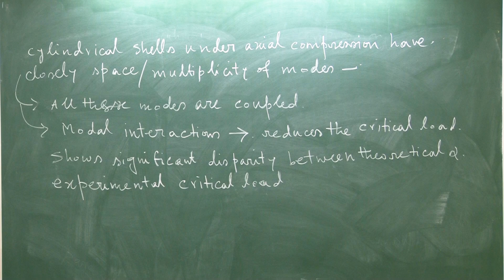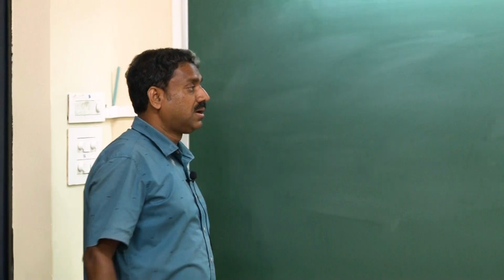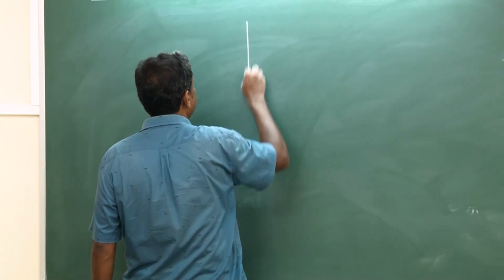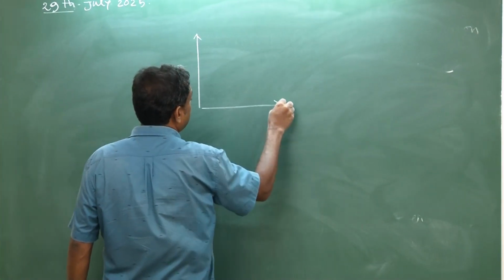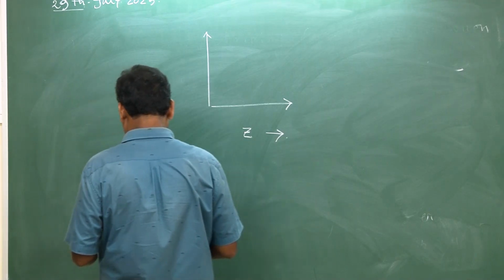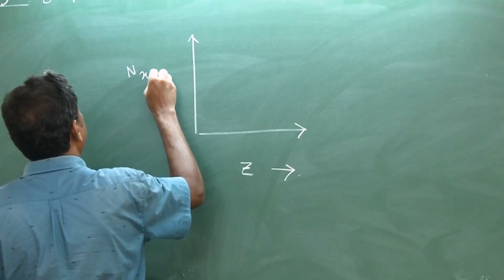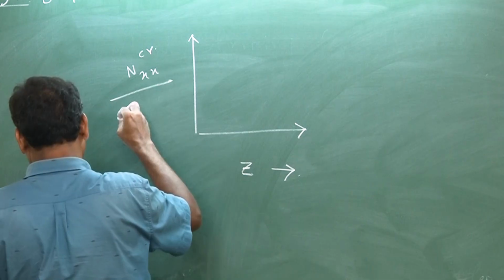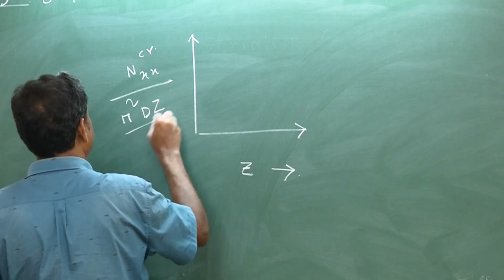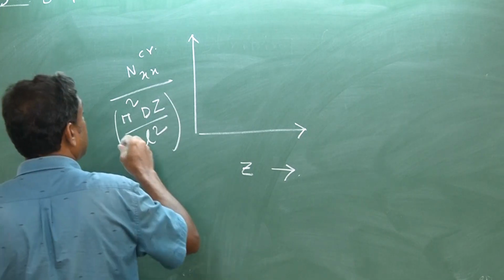So, this is the most interesting fact out of all these things, because the solution of the Donnell's equation gives closely spaced modes, and then you plot it for varying Z, and you normalize the N_xx critical with pi square D by L square.